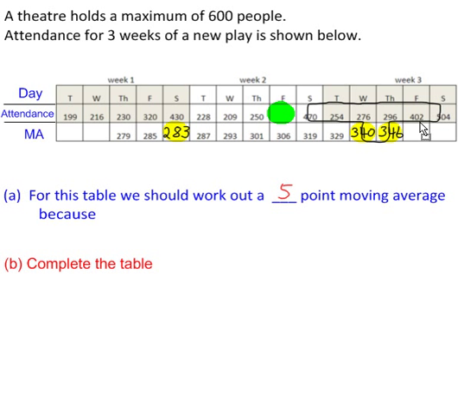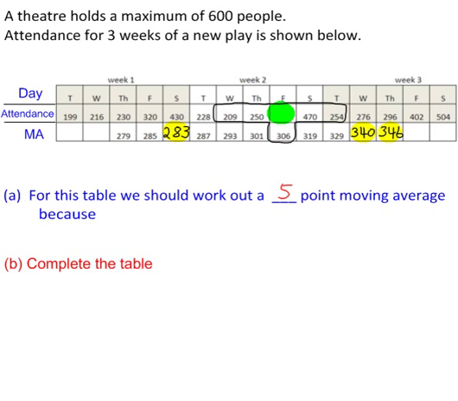Now we have to see how to work out this missing data value here. Now that value would have been used to work out this moving average value here, and this one here, and here, and here. So we can use any of these moving average values to work out what this value here would have been.